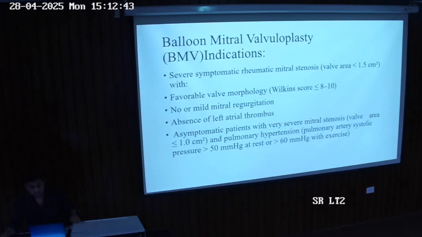So what we know is, in severe symptomatic rheumatic mitral stenosis, or asymptomatic patients that have severe stenosis with pulmonary arterial hypertension or PAH, if there is no MR, or the left atrial enlargement is mild, or there is no thrombus, these are favorable conditions for doing balloon mitral valvuloplasty.